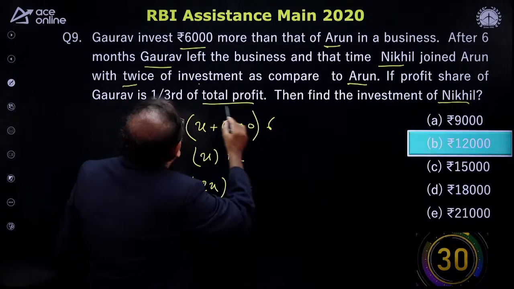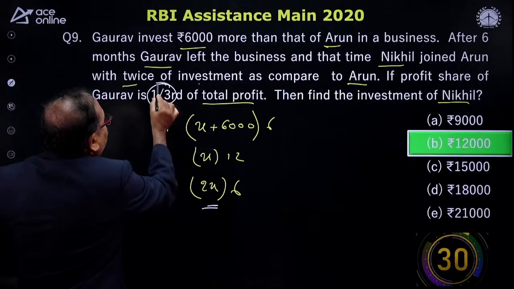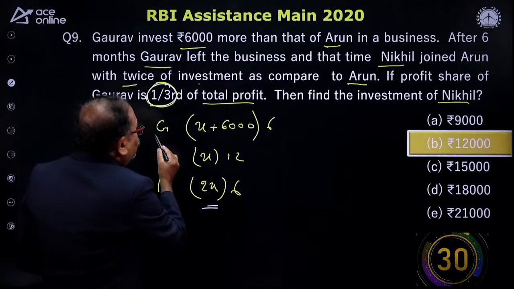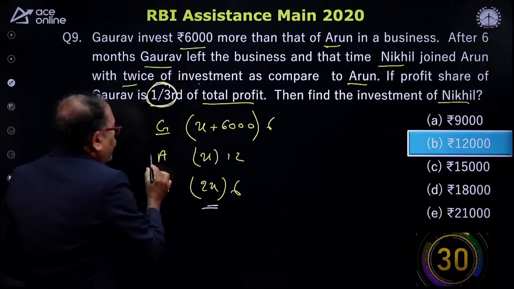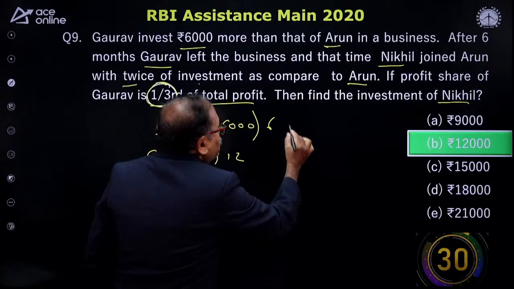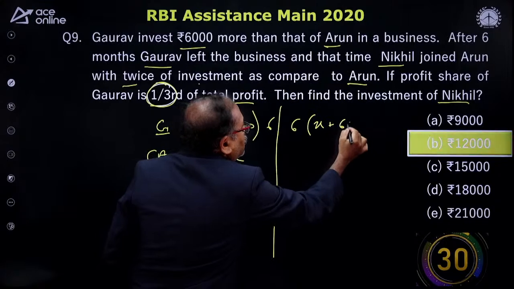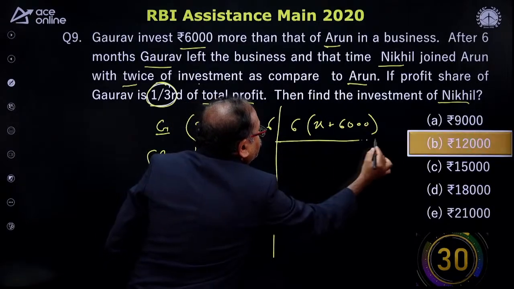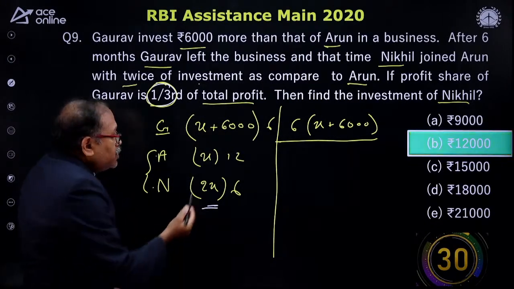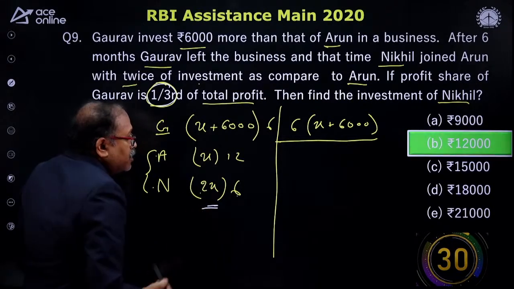What is given to us is one important information. And what is that information? That Gaurav is 1/3. So that means this is Gaurav. Let's take Gaurav by Arun and Nikhil, A and N. So Gaurav is 6 times X plus 6,000 by the A and N. So here it is 12X, and plus here it is 12X.